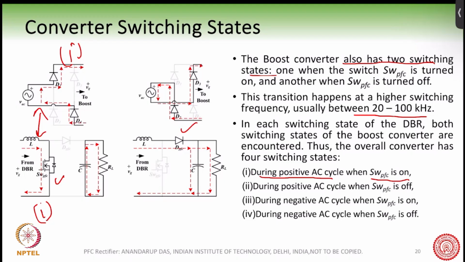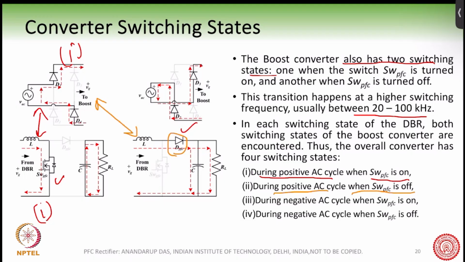Now take the second condition, the same positive AC cycle, but I have now turned off SWPFC and turned on DPFC. So this condition will happen. The same D1 and D4 are conducting on the positive side of the AC cycle, but now the boost converter diode is conducting.